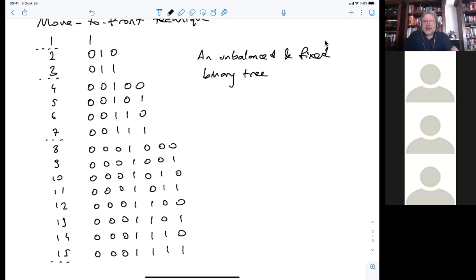Because this counting is not an initial thing. It is an adaptive process. So we will be adaptively counting symbols as they arrive.